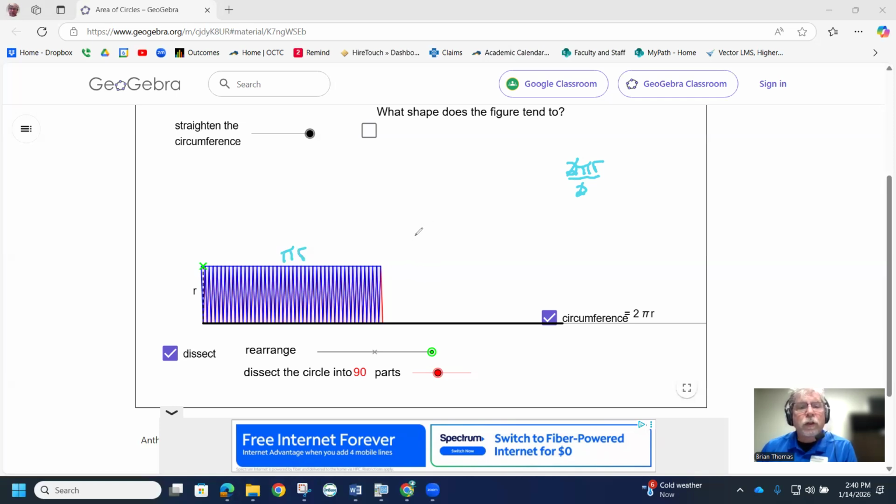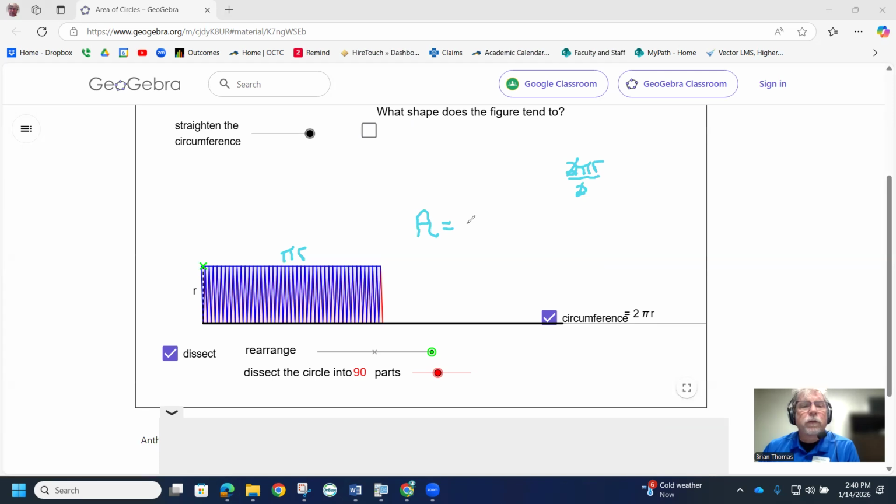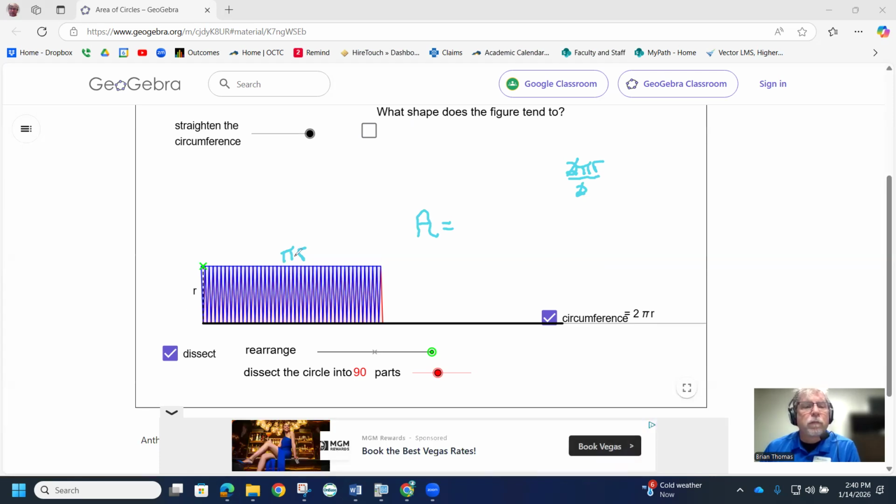So we can use this to approximate the area of a rectangle, and we're just going to use the equal sign here because it's going to be close enough that we're going to say it's equal. So the area of the circle is actually the same thing as multiplying the radius times this pi r, because this rectangle represents the same amount of space as the circle itself.